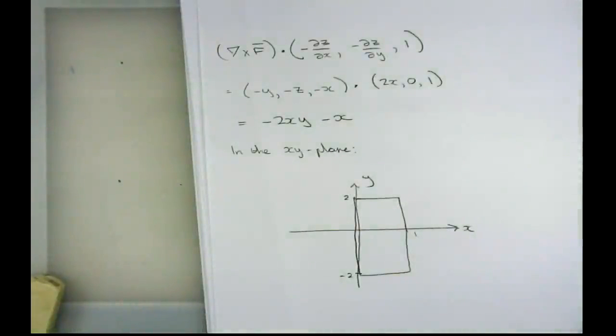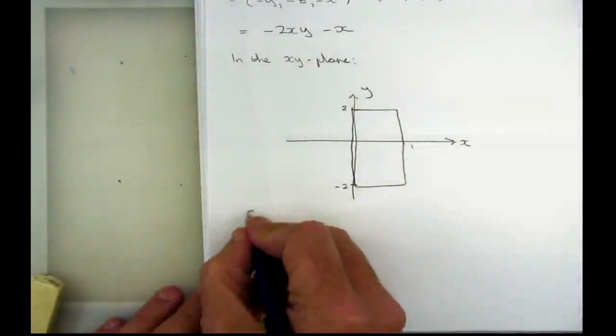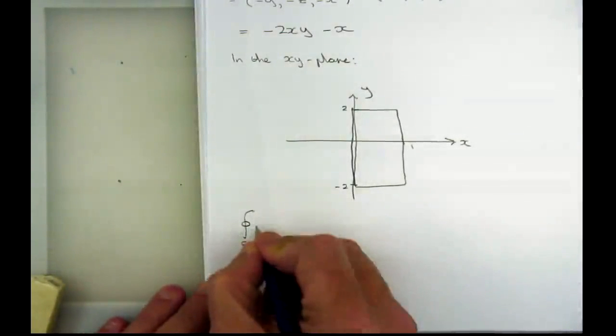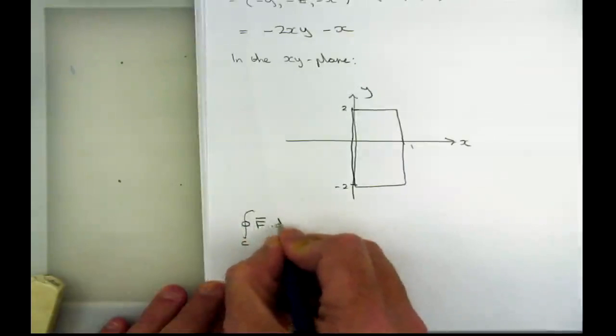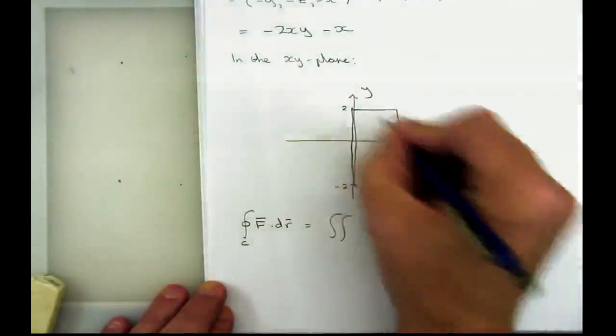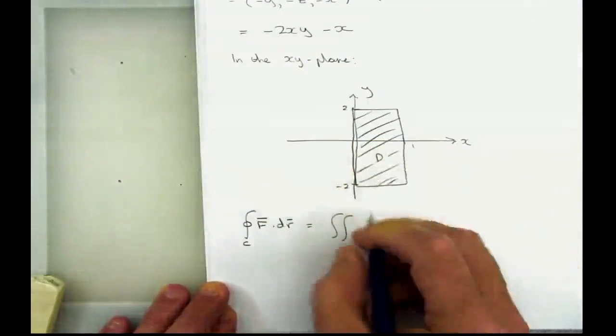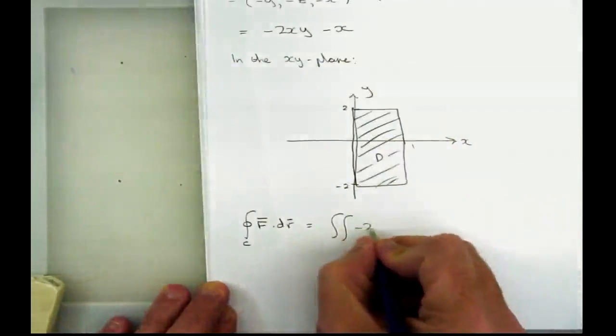All right? So then all I have to do here is that the circulation by Stokes' theorem is instead, so this is at my region D, of this thing.